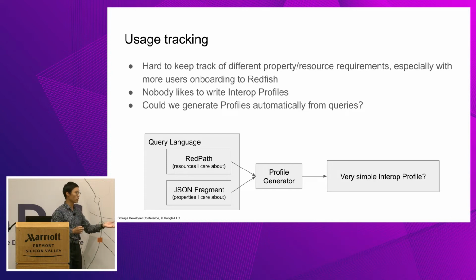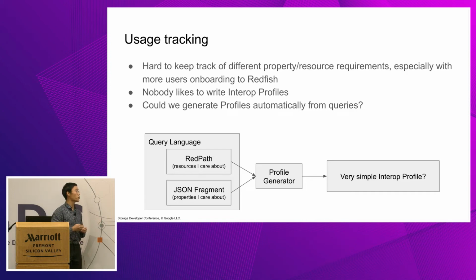Not only do you have to write the client code to actually do the queries, you then have to manually write out the interop profile to describe everything that you need. And then as the code evolves, you have to also update the interop profile. And then you have to also manage the deployment of the profiles, pushing it to vendors, making sure the most updated version is running. And there's just a lot of human toil in that process.